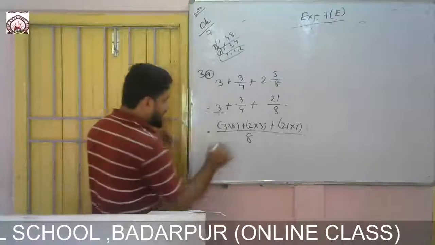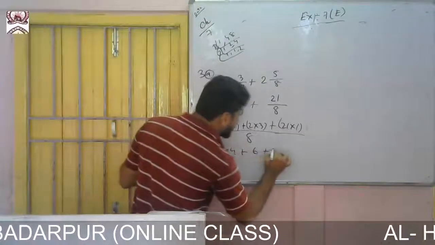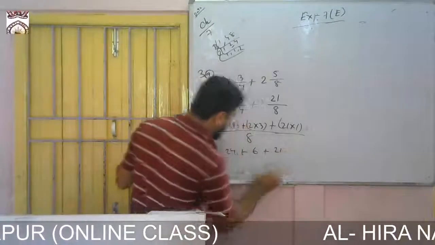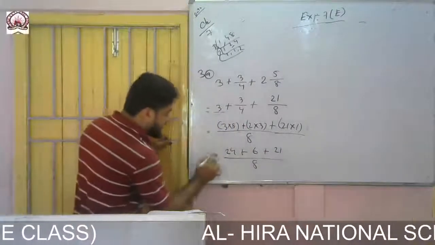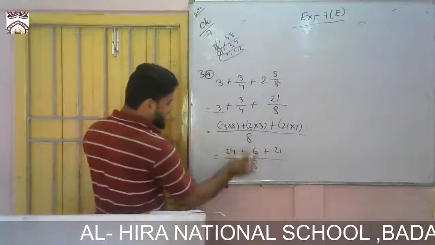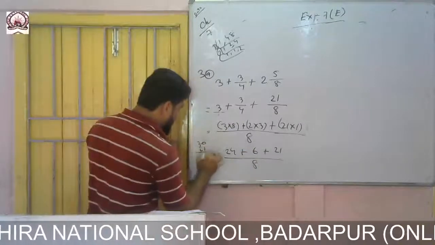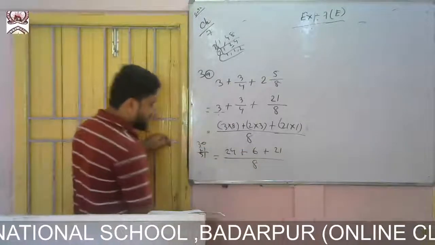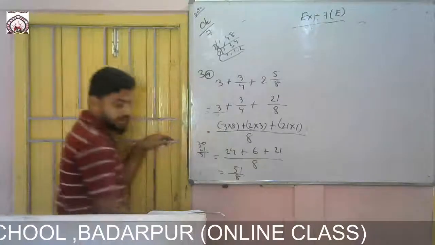Now what? 24 plus 6 plus 21 1s are 21 by what? 8. Okay. By what? 8. Now add it. 24 plus 6, it is what? 30. 30 plus 21, it is what? 51. Okay. So 51 by 8.